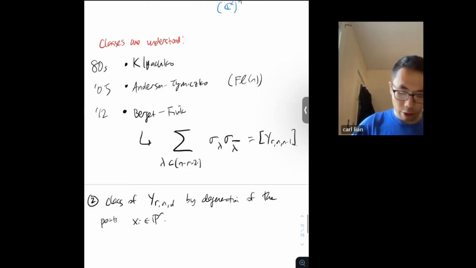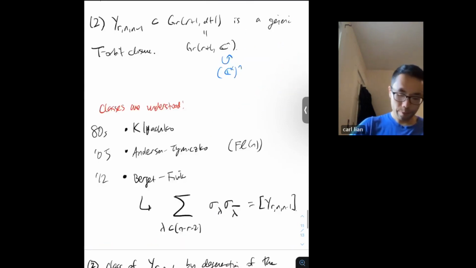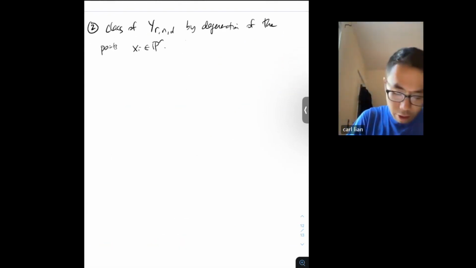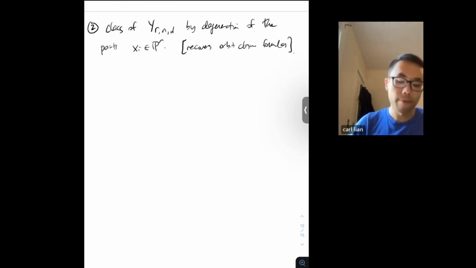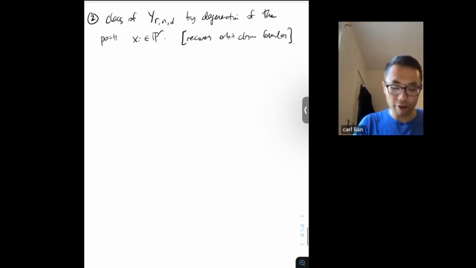Remember, this class y, r, and d is this class on the Grassmannian that I get from maps out of a rational curve with n incidence conditions. Okay, so in this particular case, it recovers the orbit closure formulas. All right, so I'm going to go back to the geometric situation.